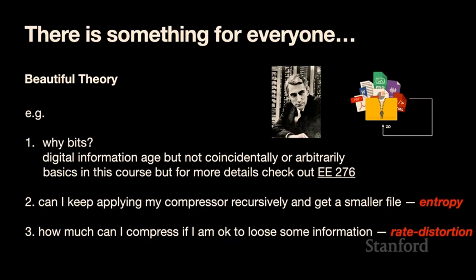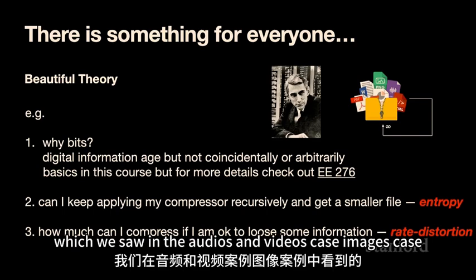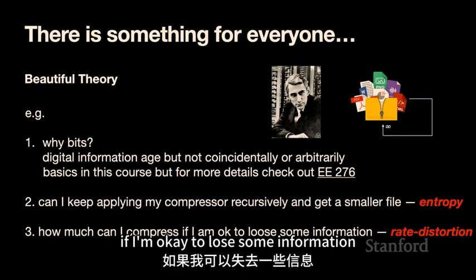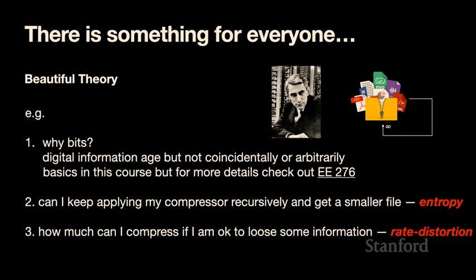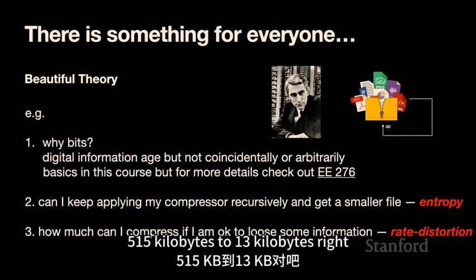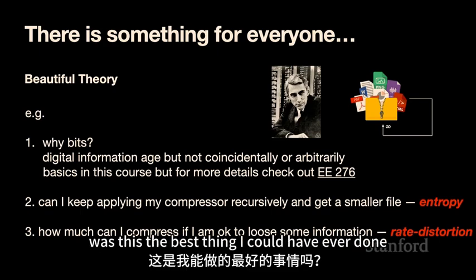Okay. Another fundamental question, for example, which we saw in the audio, video and images case, is how much can I compress if I'm okay to lose some information? For example, in that image case, we went from 515 kilobytes to 13 kilobytes, right? And we got some quality. Was this the best thing I could have ever done?